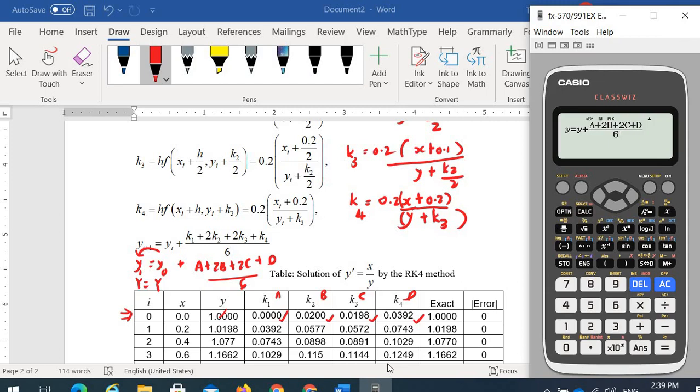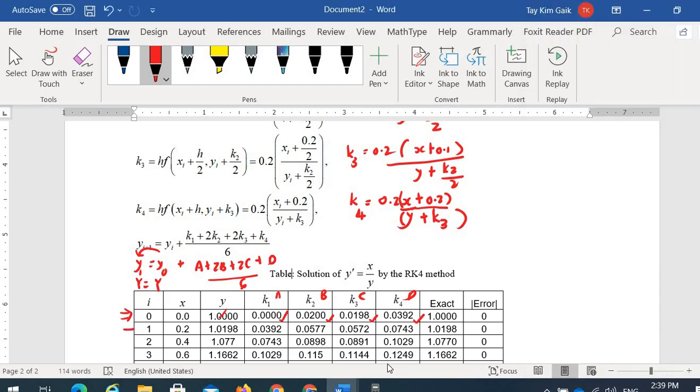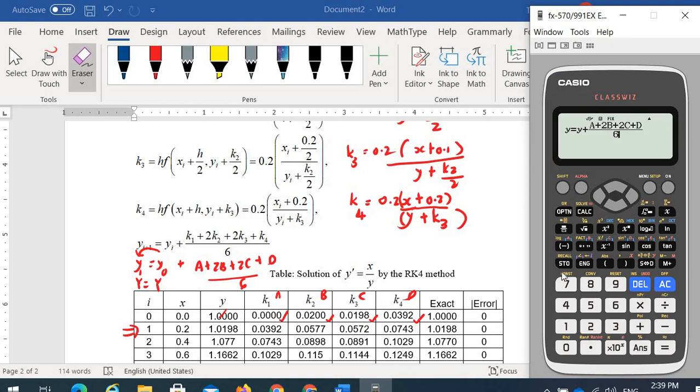Okay, so to calculate Y1, Y1 depends on Y0 and the previous K1, K2, K3, K4 values. So you input it, and then you calculate. They ask the Y is, okay, Y1 depends on Y0.